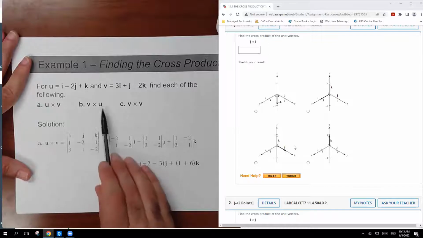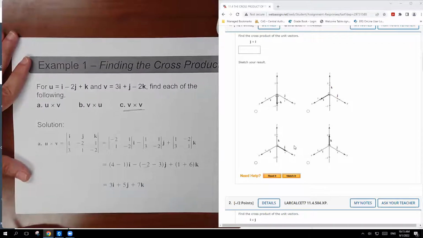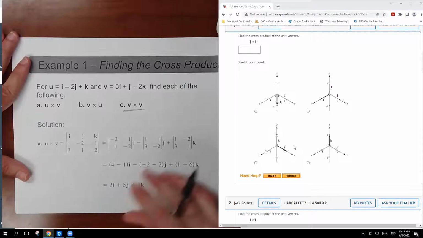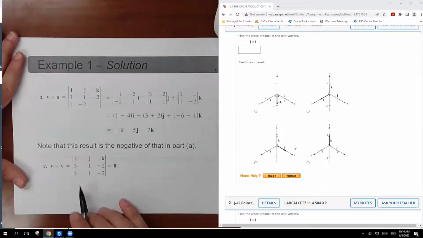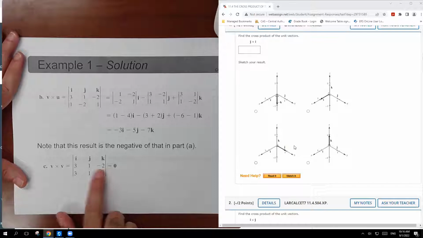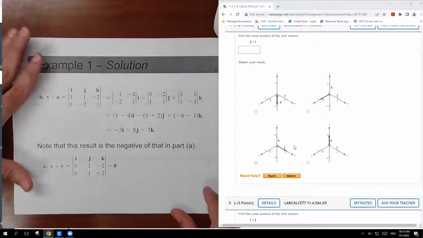We're going to do the same thing here. Always when you do the cross product between a vector and itself, the same vector, the result is always going to be 0. Let's check that. So always check: you multiply this vector by itself, and it's going to be 0.